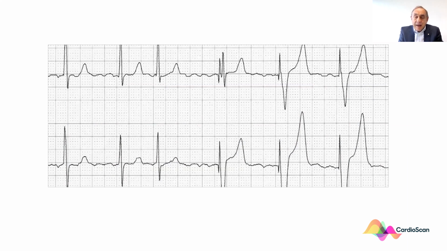Here is another example of atrial fibrillation, with quite frequent native beats, all at different rates. And to the right, we can see ventricular pacing, where there are 1,000 milliseconds between the two paced beats, or 60 beats per minute.